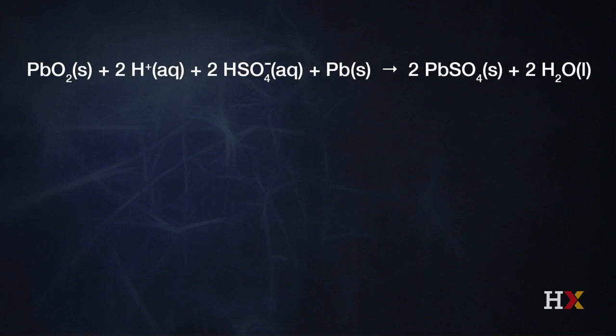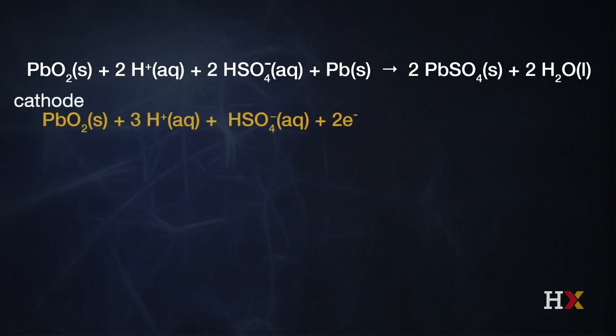The overall reaction for that is converting lead oxide and sulfate into lead sulfate. That's the overall reaction. But the half reactions involve two steps. The lead oxide and the sulfate combine with two electrons to form lead sulfate plus water.